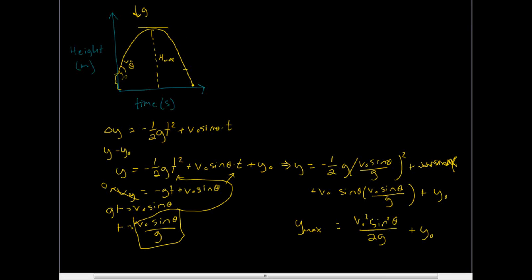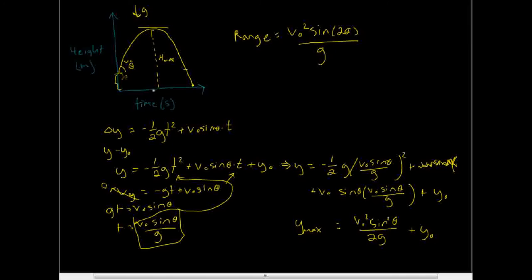Now our range is going to be a bit of a different question, and the first thing we want to consider is, can we use the equation that we derived in the last one, and that was that our range is equal to v naught squared sine of 2 theta over g.